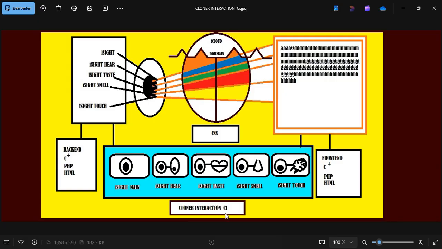I want you to understand something different. We have what they call the eye cloner interaction tab. We have the eyesight main, the eyesight ear, eyesight taste, eyesight smell, and eyesight touch. And we'll be able to understand that in this iCloud system, there tends to be an interaction of both worlds, both the eyes and the book.